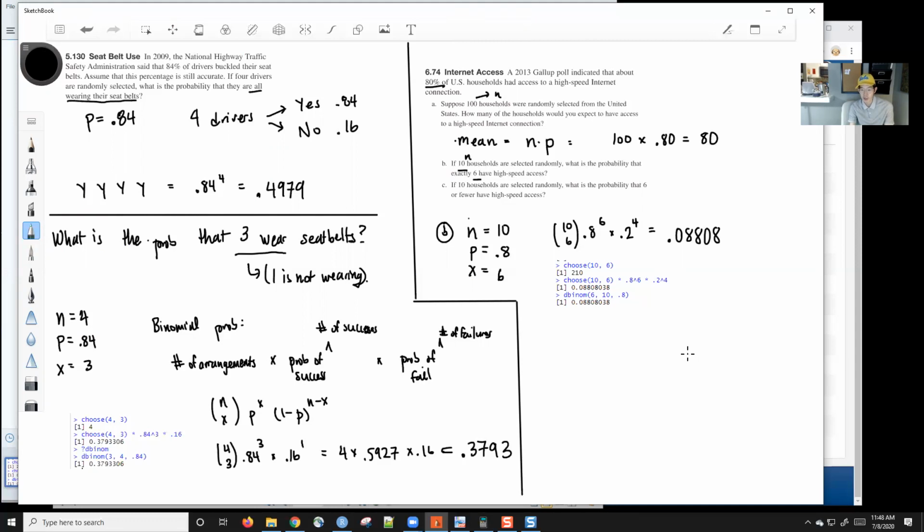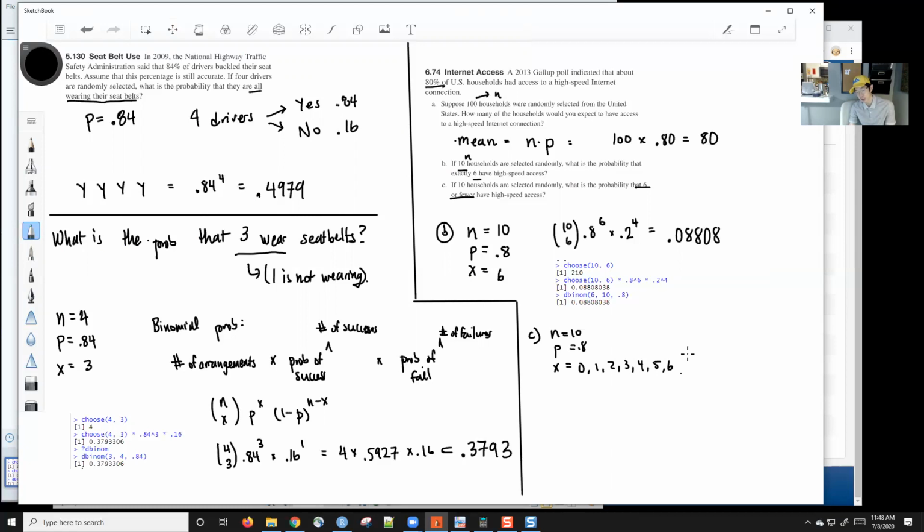And then for part C, if 10 households are selected randomly, what's the probability that 6 or fewer? So this is a little bit of a pain. Here we have n equal to 10, p equal to 0.8, and x equal to 0, 1, 2, 3, 4, 5, or 6.